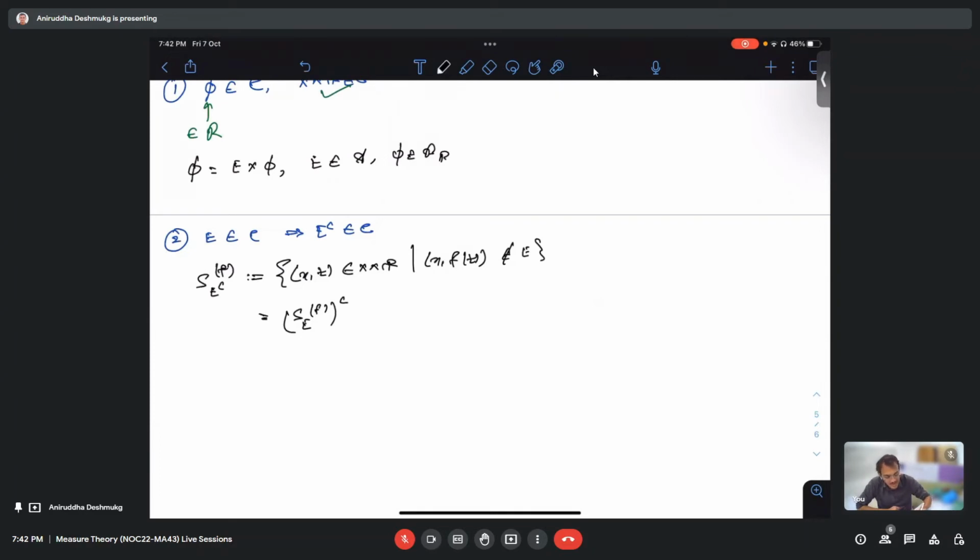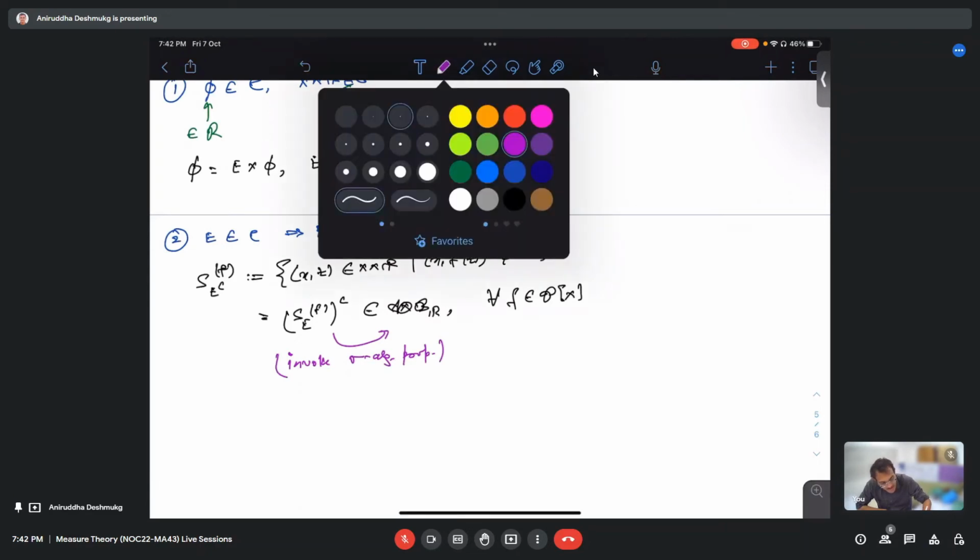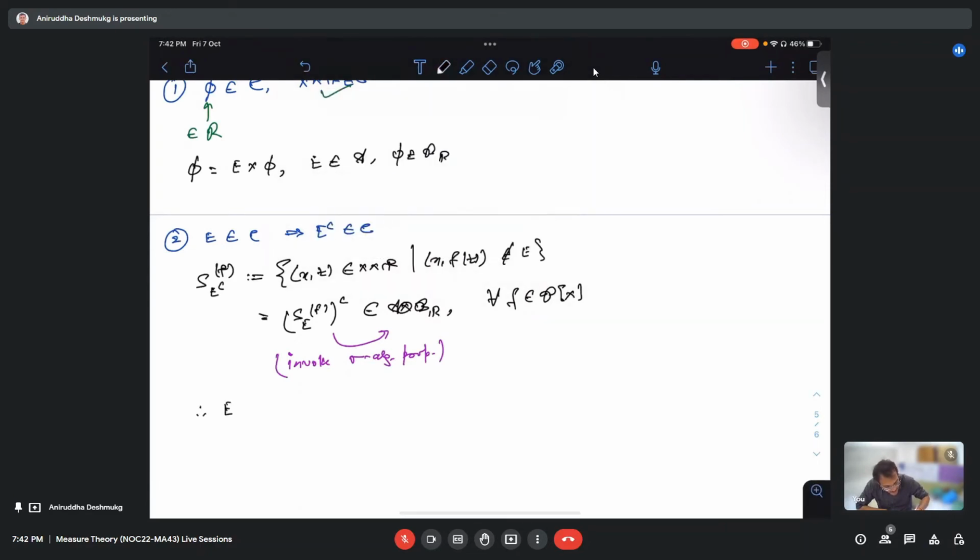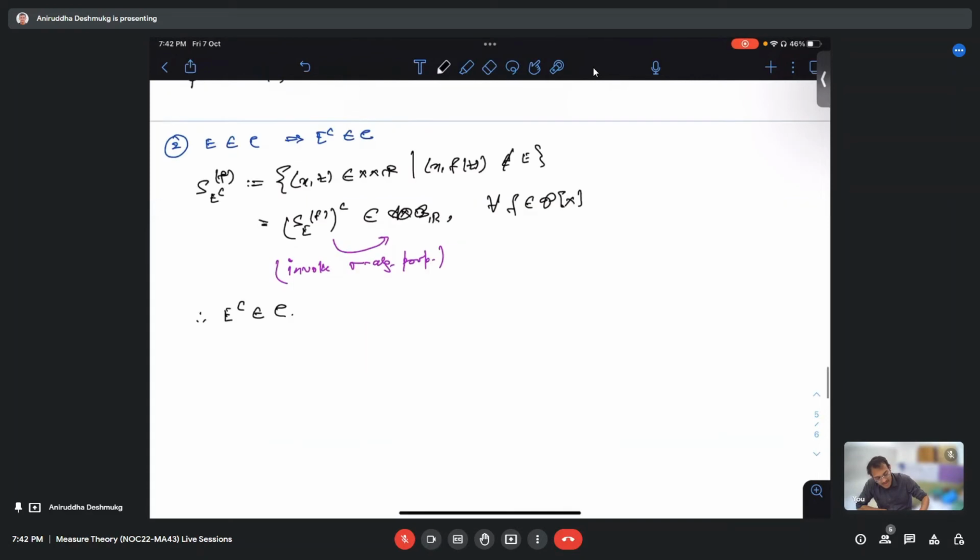And this is inside A cross B for every A. Now we invoke the sigma algebra property of S_E(F) as well. Therefore, E complement is inside C.